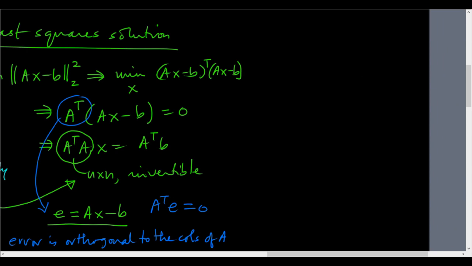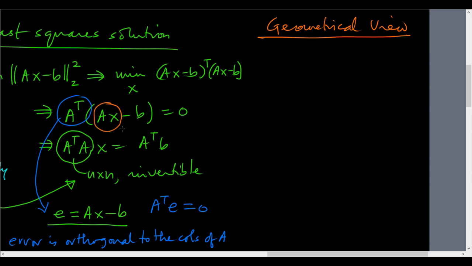It's possible to have a nice geometrical view of this. And the geometrical view is, we realize that Ax is actually a linear combination of the columns of A. The coefficients are x. What linear combination of the columns of A gives you something that is close to b?